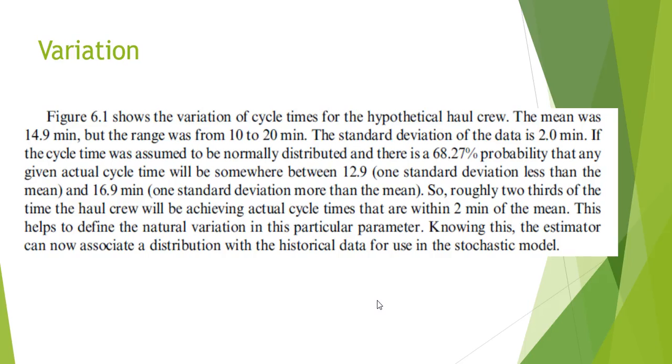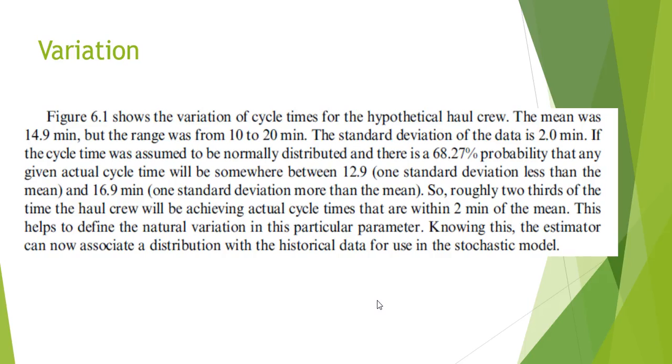So roughly 2/3 of the time, that's the 68.27% number, the haul crew will achieve actual cycle times that are within 2 minutes of the mean. In other words, 68% of the time that haul crew is going to be having cycle times of between 12.9 and 16.9 minutes. And if you think about it, this is really a lot more natural.